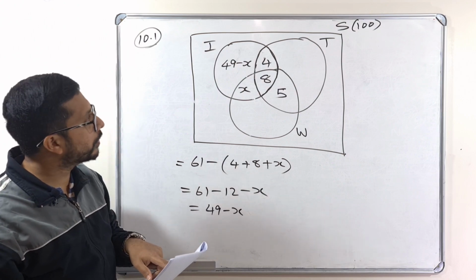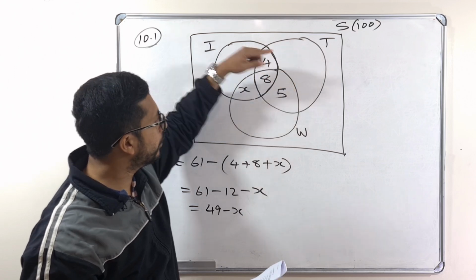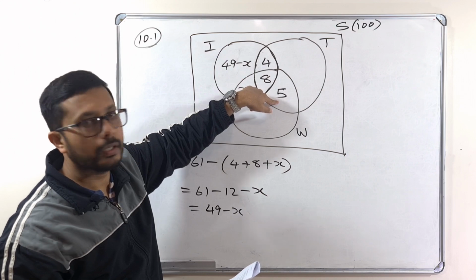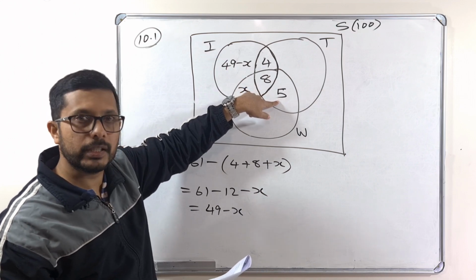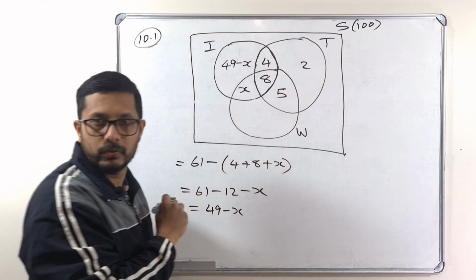19 use Twitter. So the whole of this circle is 19. So here look at this one. 8 plus 4 is 12, 12 plus 5 is 17. So how many remaining? It is only 2. Am I right?